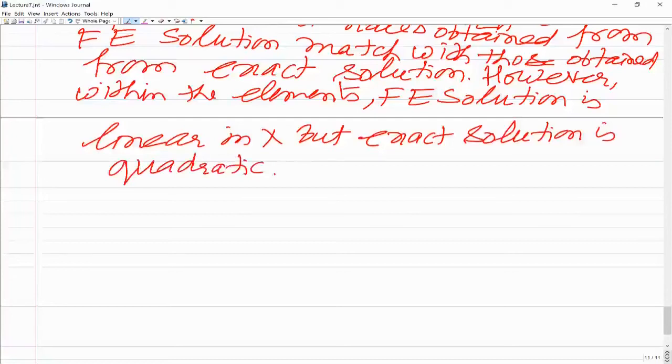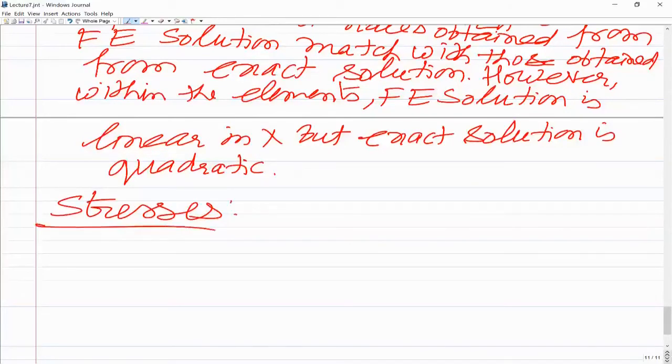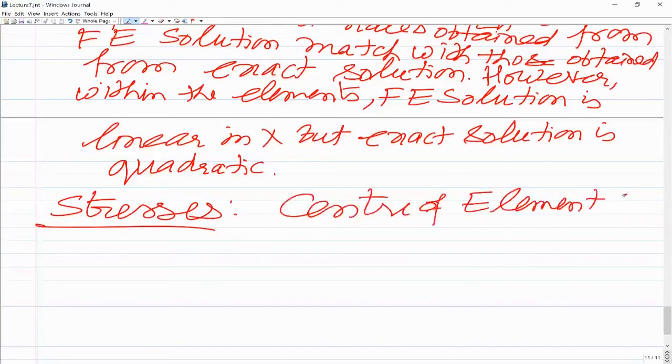Now let's come to the stresses. Now I will compare the exact solution and the FE solution. Although in the FE solution we have constant stress and strain within the element, let me take the center of element 1.